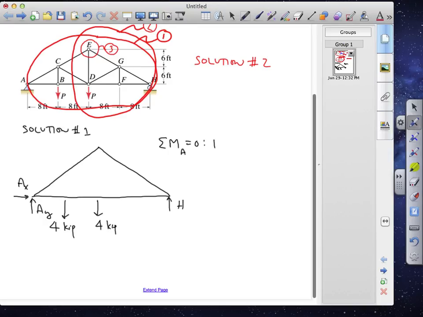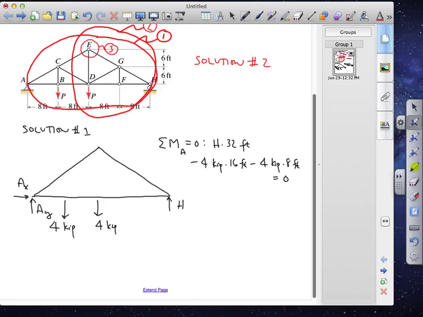We have H times 32 feet minus 4-kip times 16 feet minus 4-kip times 8 feet equals 0.